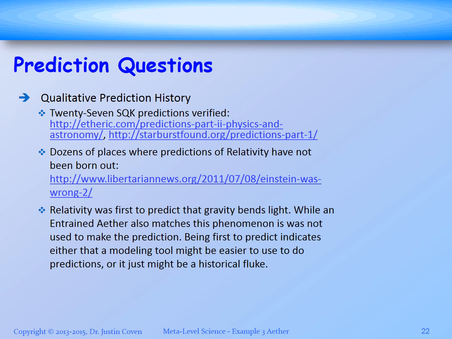It was not used to make the prediction. Being first to predict indicates either that a modeling tool might be easier to use to do predictions, or it just might be a historical fluke. But nonetheless, being first is a mark of benefit for a specific model.